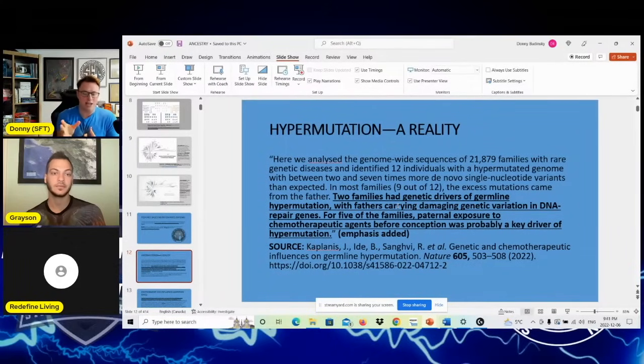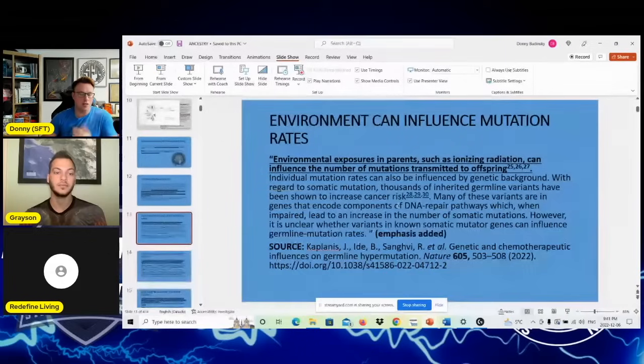In this specific case, it's because they have damaging mutations in important DNA repair genes. That means you're going to accumulate more mutations, because these DNA repair enzymes essentially work to fix mutations as they come in. If these are broken, then obviously more mutations are going to get through and be passed on in the germ cell line, okay?